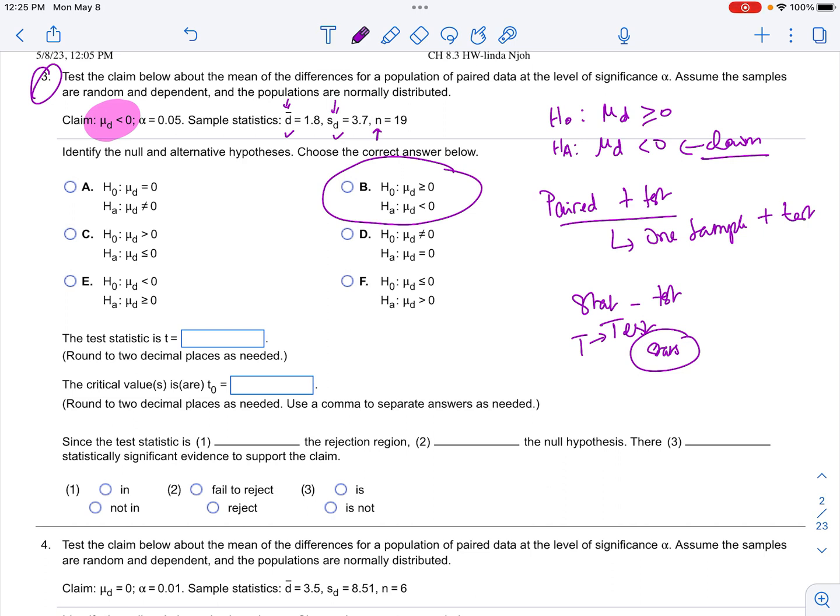Mu 0 is just going to be 0. X bar, you're going to put 1.8. S of X, you're going to put 3.7. And then N, you're going to put 19. That's literally what you're going to do.